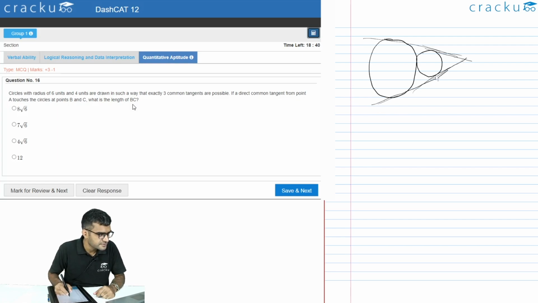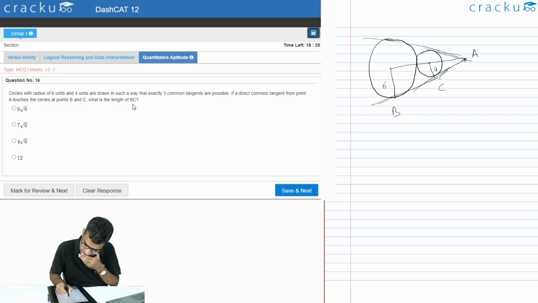So this is the point A. This is how it is. Okay, what is the length of BC? What are the radii? 6 and 4, right? Yeah, this is 6 and this is 4. This will be 90, this will be 90.